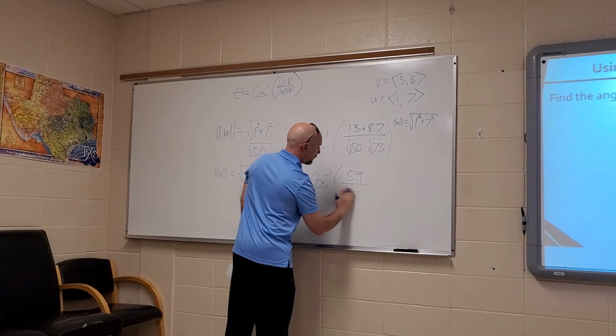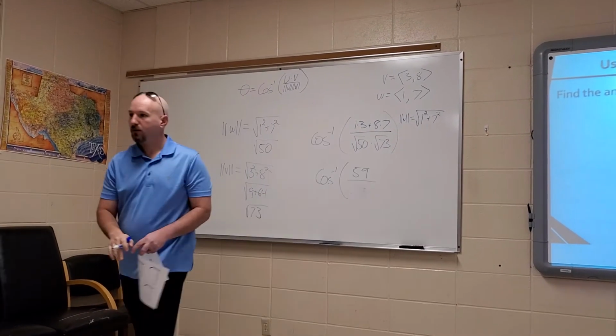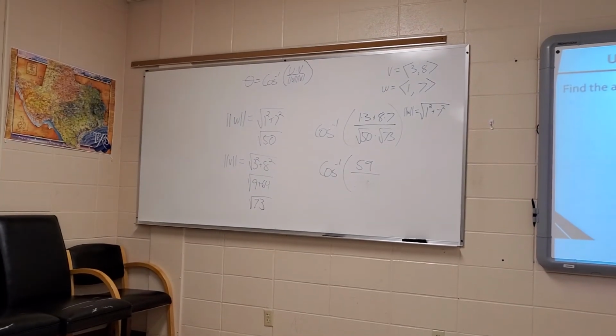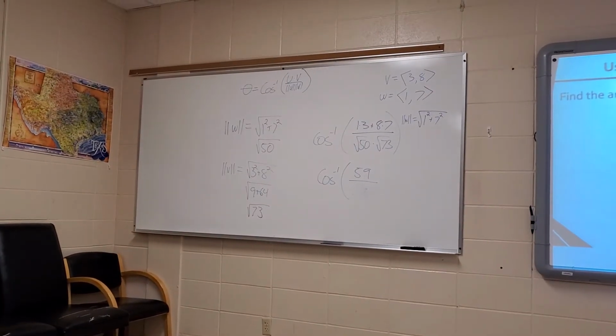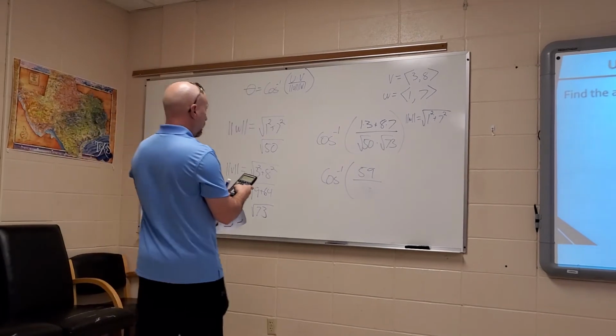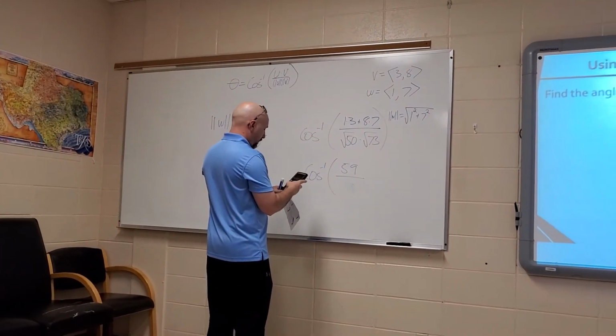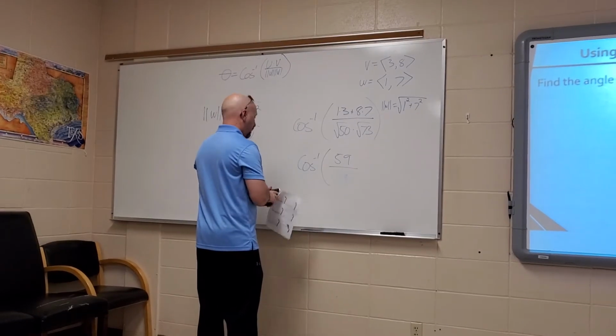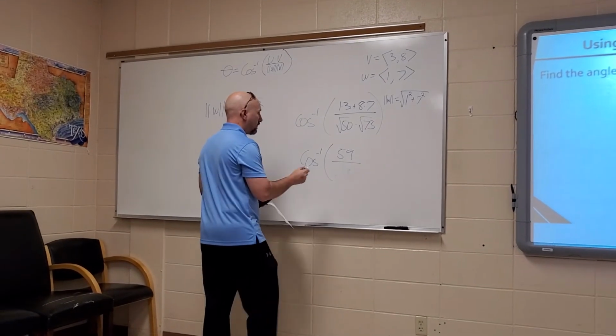Just put it in a calculator. I don't feel like doing it in my head. Okay, so 50 times 73, 3650.